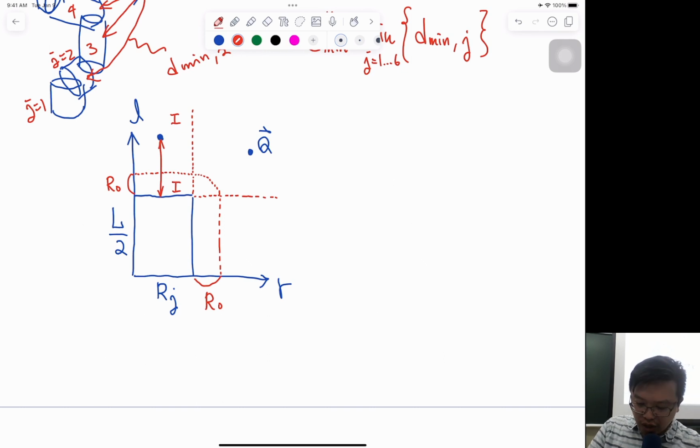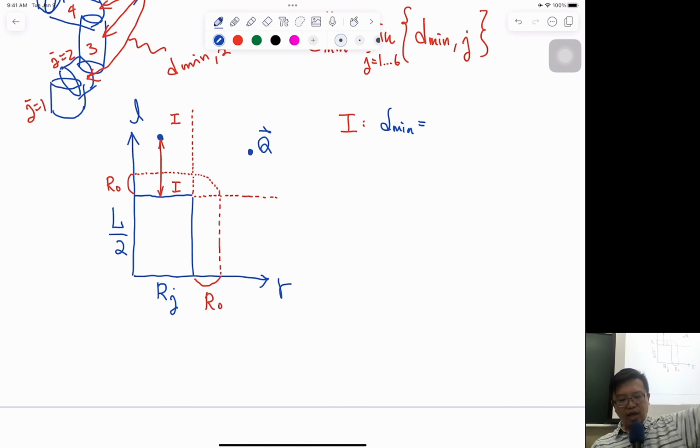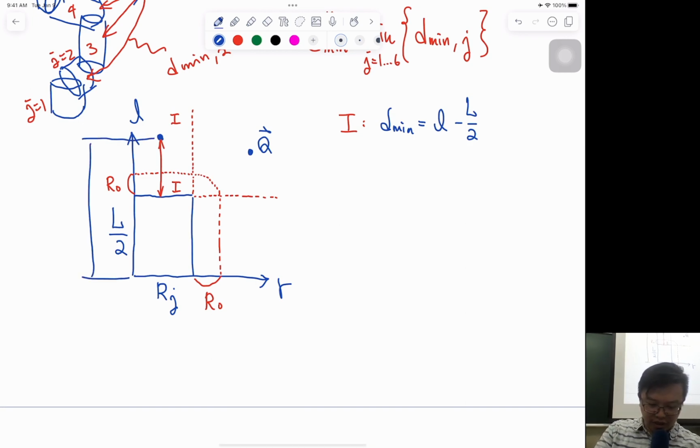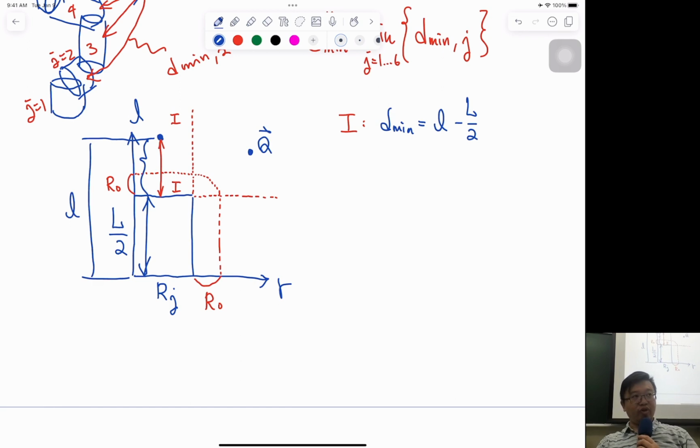So inside region 1, the shortest distance, d minimum, would be the L coordinate of Q minus a half of capital L. Why? This is L, this is half of L, so this is small l minus half of capital L, right?